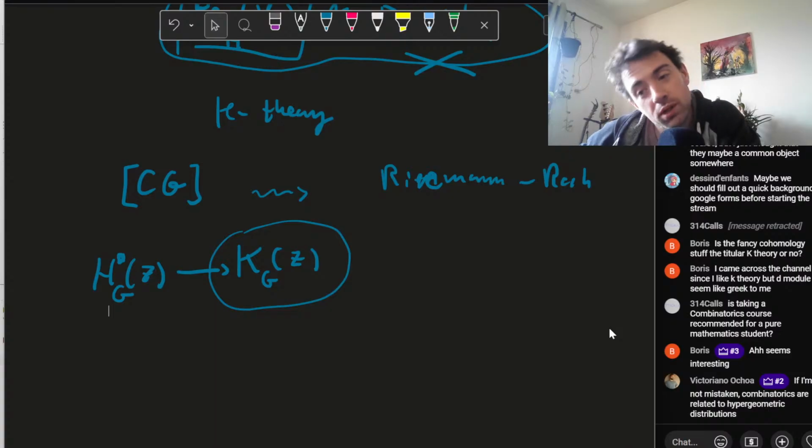I think you might be mistaken there. Unfortunately, combinatorics, it's not clear to me that it would be related to hypergeometric distributions. Okay, all math is related to all other math. I'm sure one could find a place where combinatorics interacts with hypergeometric distributions, but the latter seems quite analytic in nature, which can be very different from combinatorics.